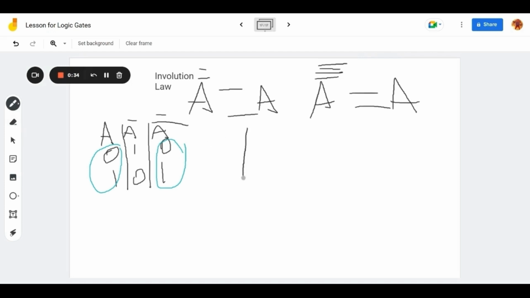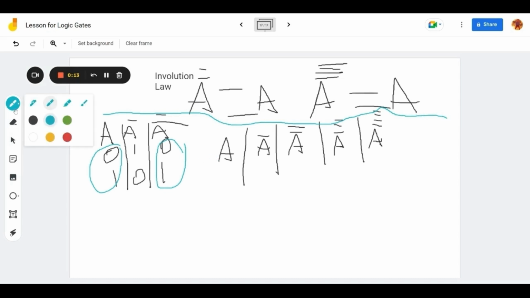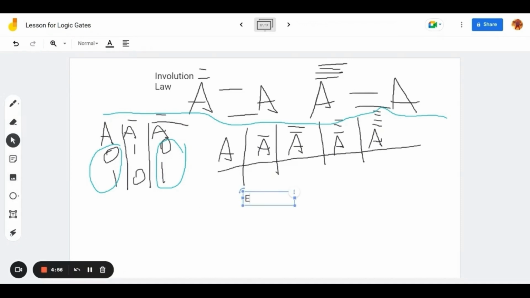Because if we were to do this with the truth table, A knot, A double knot, A triple knot, you would see that in the end every single one with an even number of knots ends up being the same value as A itself.